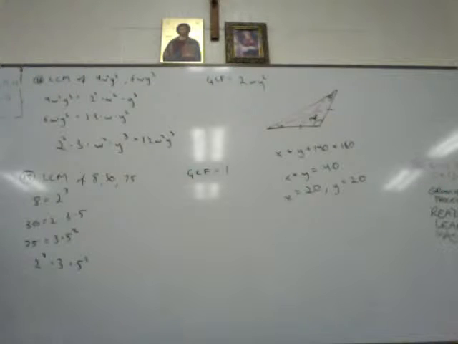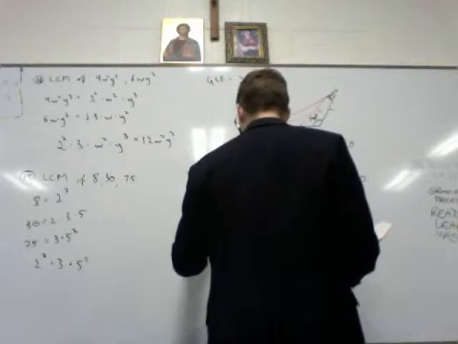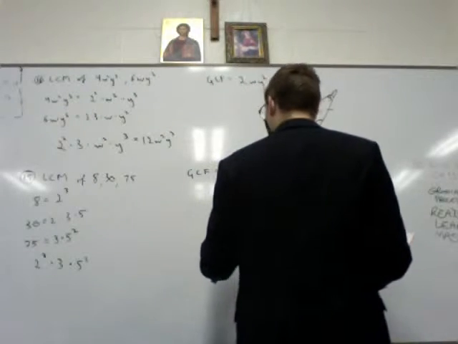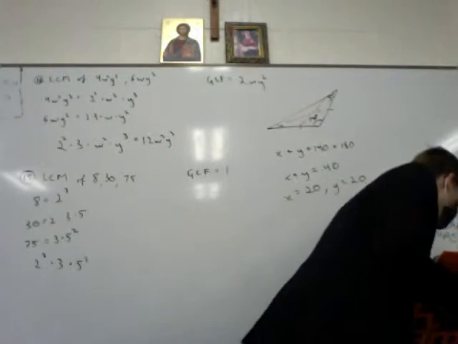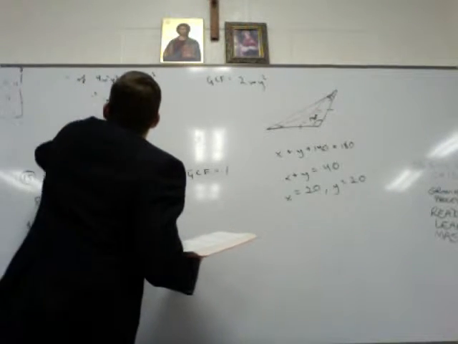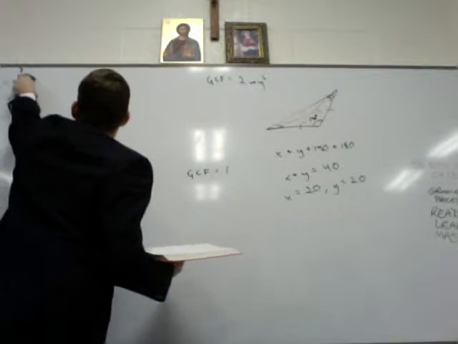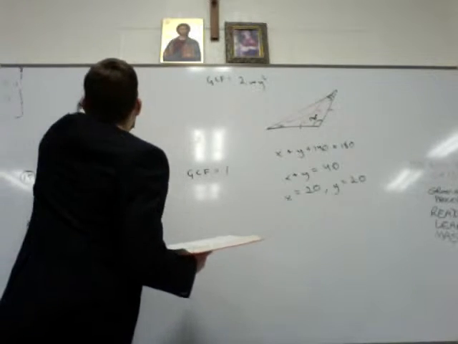Okay, we've got these two fractions. So on page 180, number 17, we've got these two funky looking fractions, and we're supposed to be doing what with them? What are we supposed to be doing with these fractions? Anybody? Adding them together.